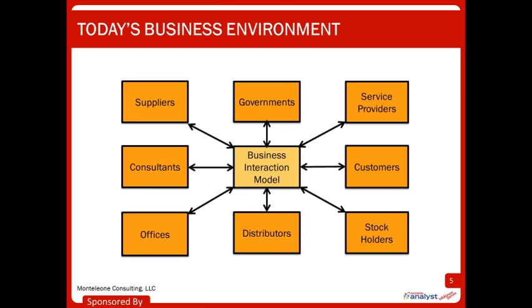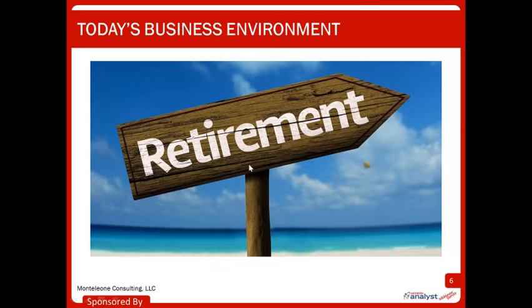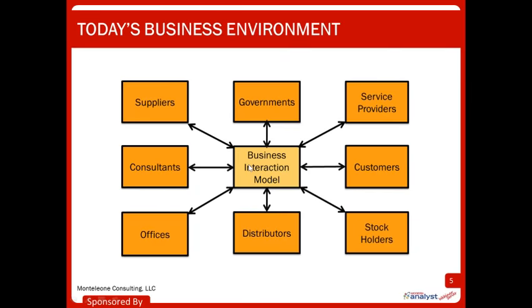And if you think about it, with our environment, we need some type of process model that reflects how our businesses are today. And you'll notice that there are lots of service providers, there are customers, there are governments involved, and let me go back.